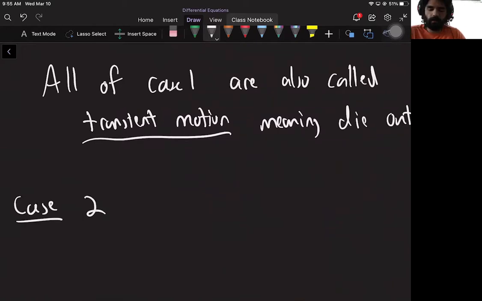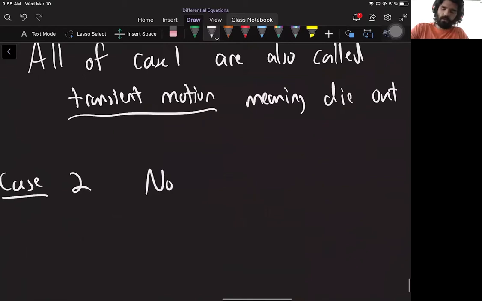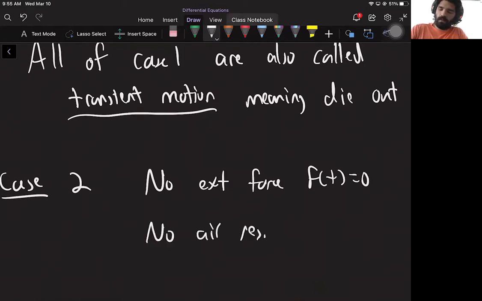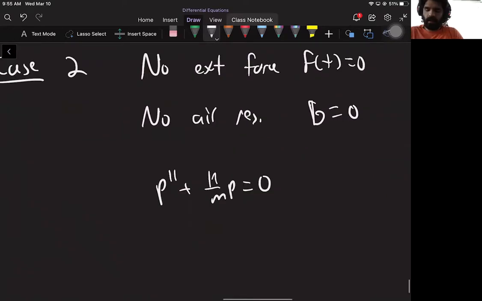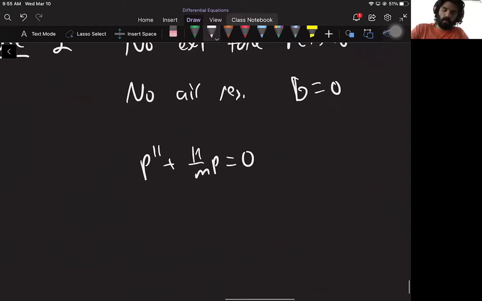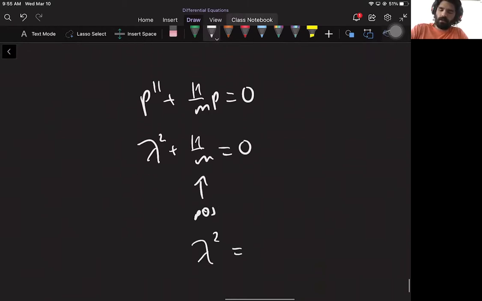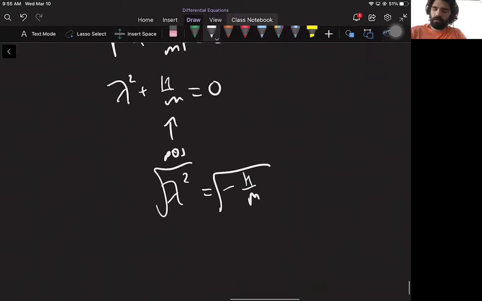So now we're on case 2, which is if there's no external force and no air resistance, then you're just going to get p double prime plus k over m p equals 0. And because k and m are both positive, when you subtract it over and you solve, you're going to get two imaginary numbers.